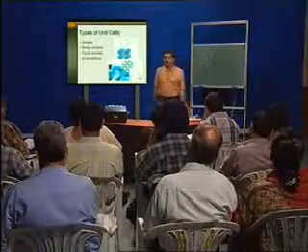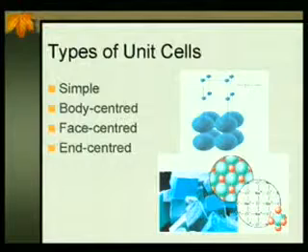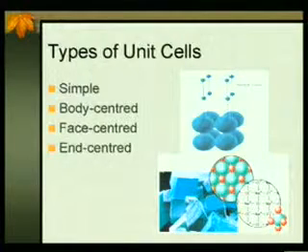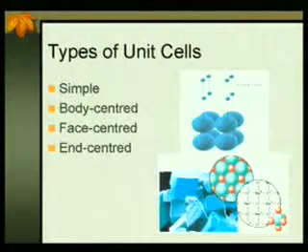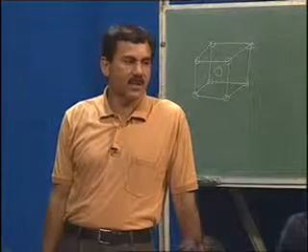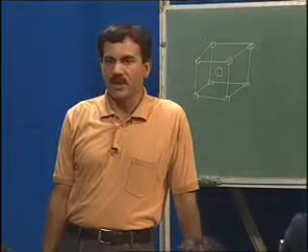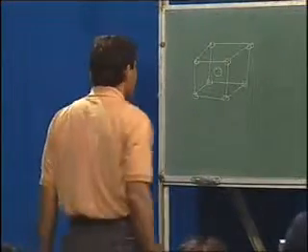In the third type of unit cell, along with 8 corner particles, there are 6 more particles, one on each face, and that is why this is known as the face centered unit cell. Every face has one extra particle, and the picture can be drawn like this.